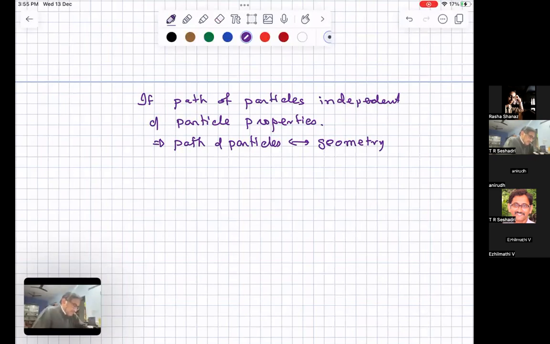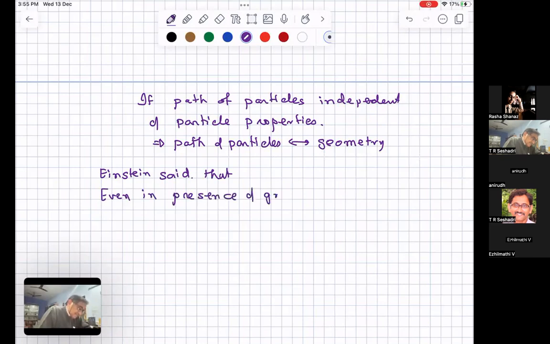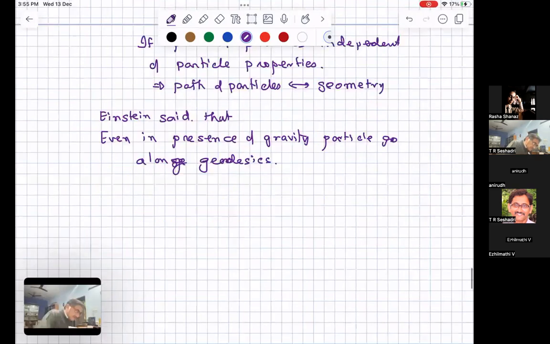What Einstein said was the following. Einstein said that even in the presence of gravity, particles go along geodesics. How?